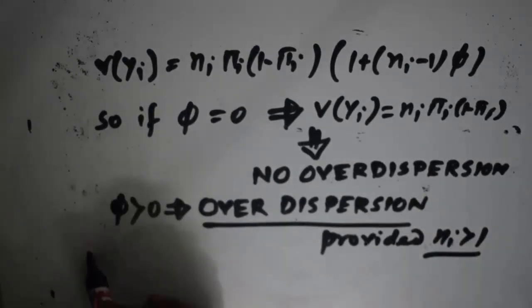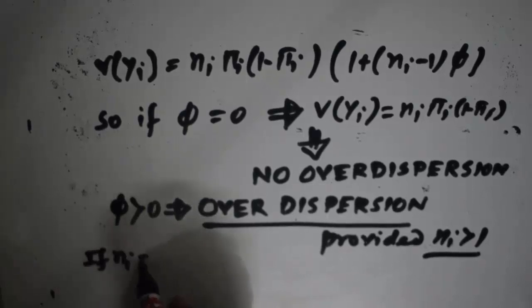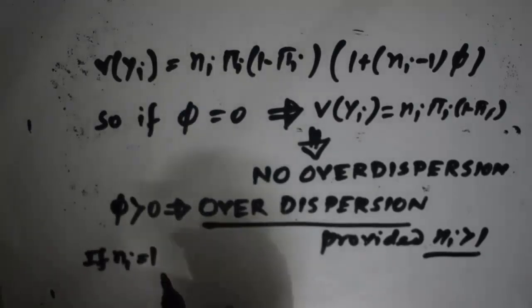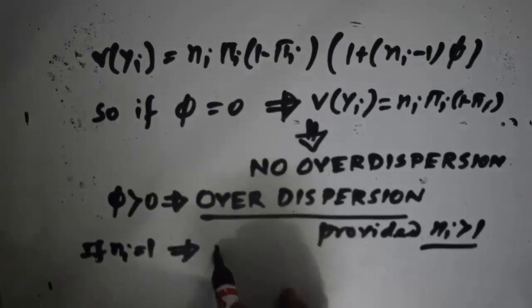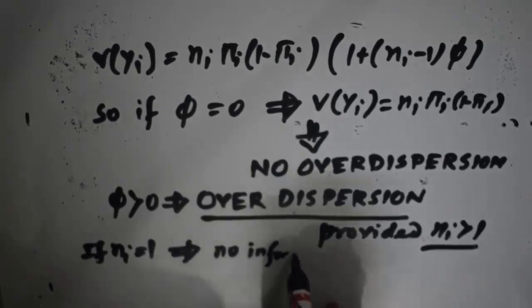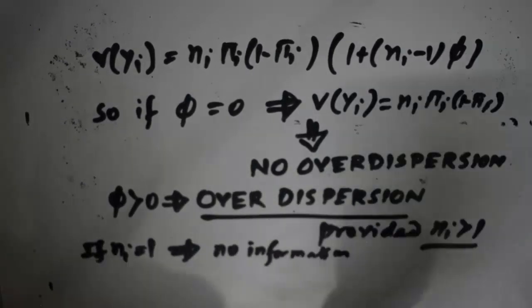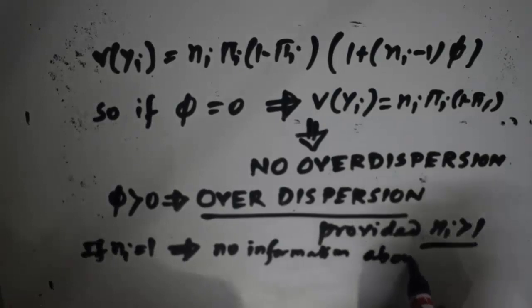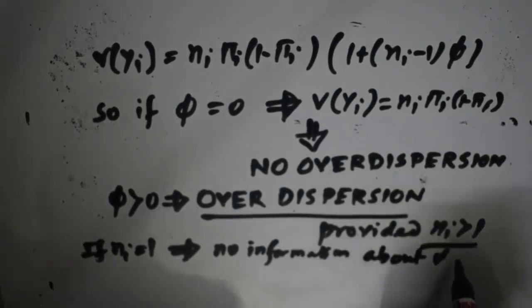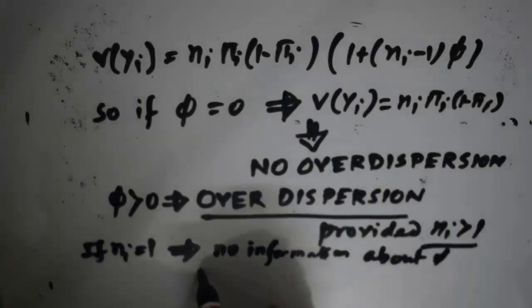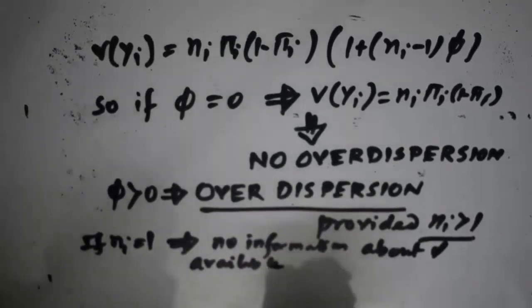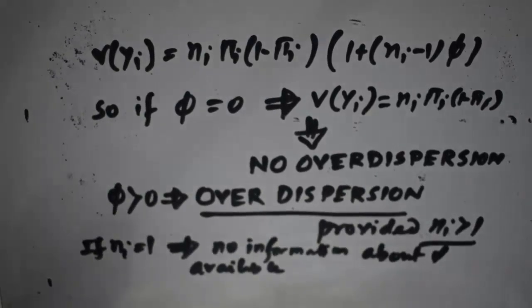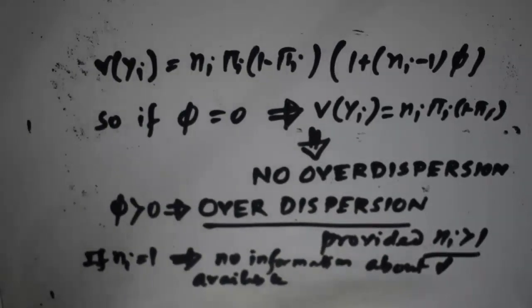If Ni is equal to 1, that is for Bernoulli data, no information about phi is available, so this model is not useful.